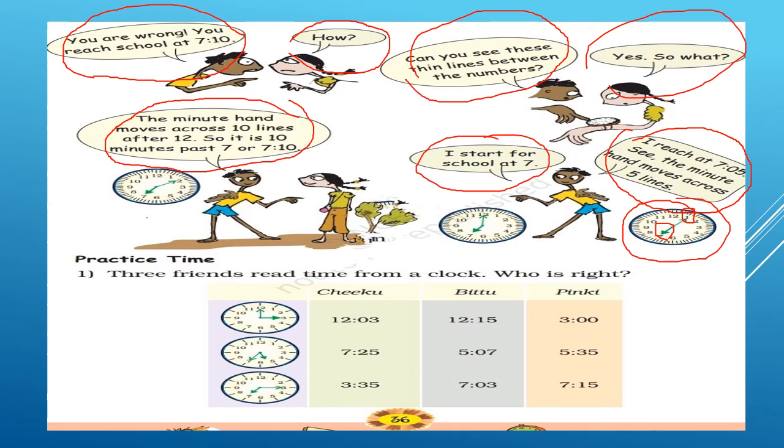But in this clock the hour hand is in 7 and the minute hand lies on the point 2. And you know, when minute hand is concerned, 2 implies 10. So the time is 7:10.